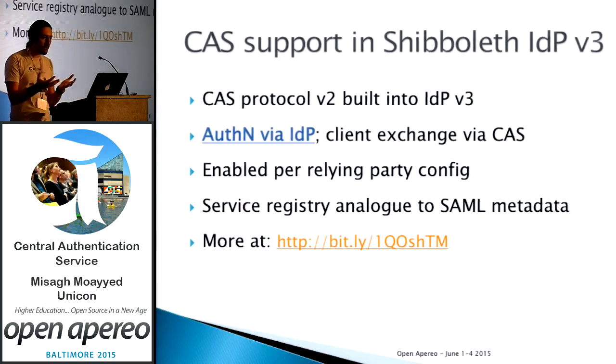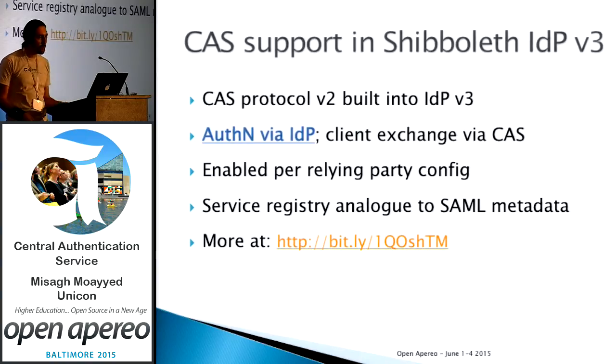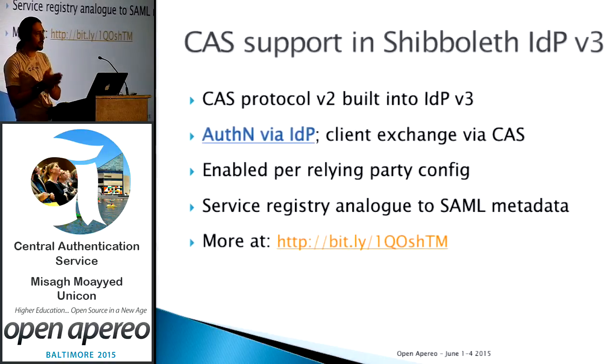The configuration is enabled per relying party or per application per se. If you enable it for the default relying party, then obviously you've enabled it for all applications that are going to take advantage of the identity provider. And much like the CAS server itself, the CAS support in the Shibboleth Identity Provider has a service registry equivalent that you get to register applications through a URL with a pattern and so on and so forth.